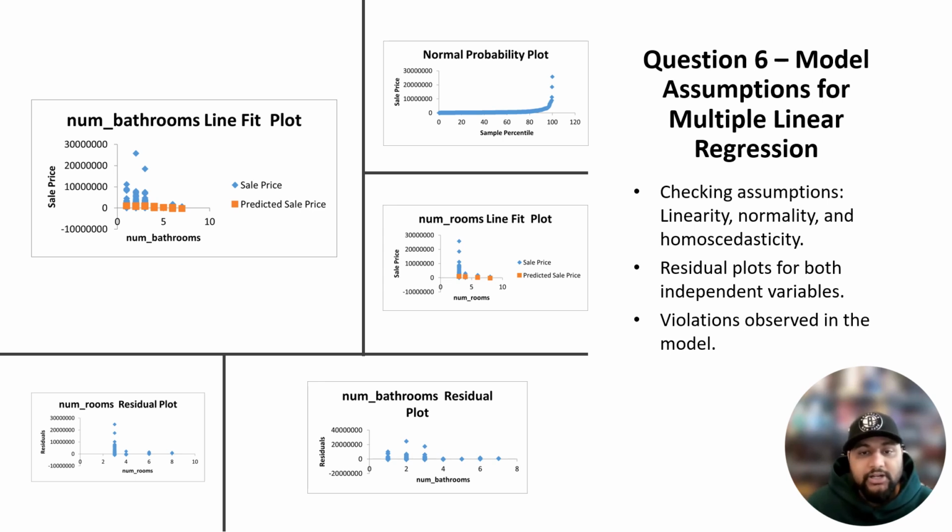The normal probability plot shows a clear deviation from normality. These violations suggest model two, although it incorporates more variables, still struggles to meet the key regression assumptions, which limits its effectiveness. The model may require transformation or additional variables for better results in the future.